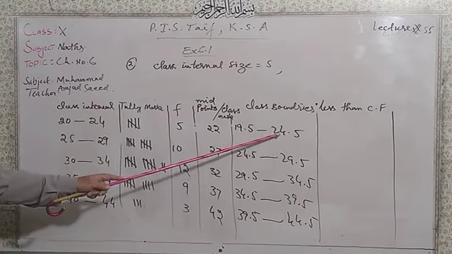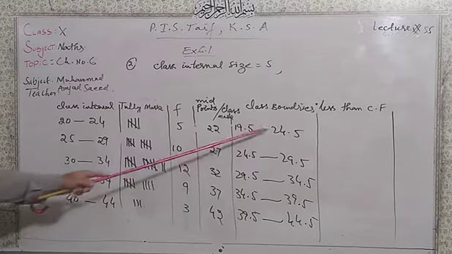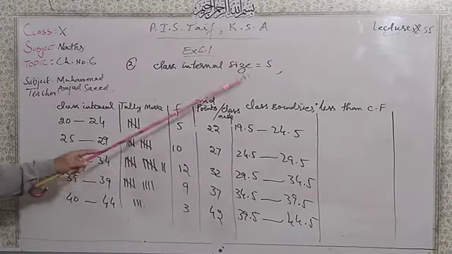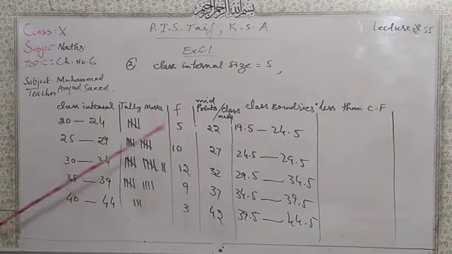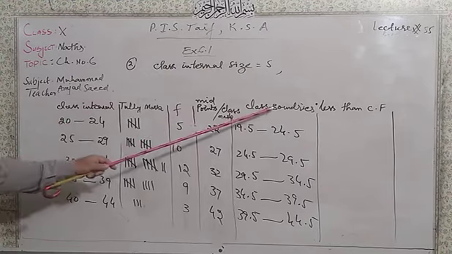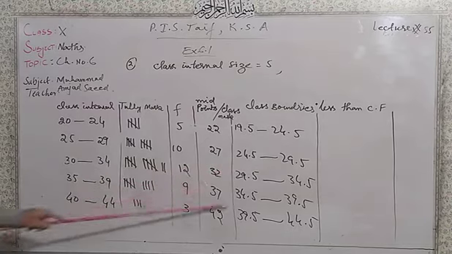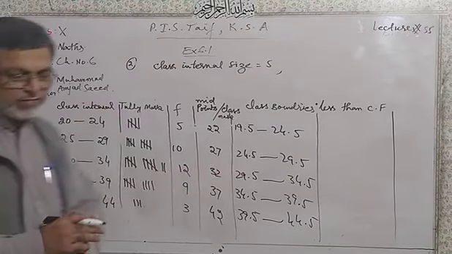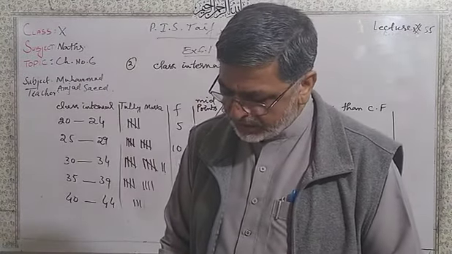But in class boundaries, the upper class limit of the first and the lower class limit of the second are the same, and they are repeated. So this is the main way to tell class intervals and class boundaries apart. I hope that you understood this question.